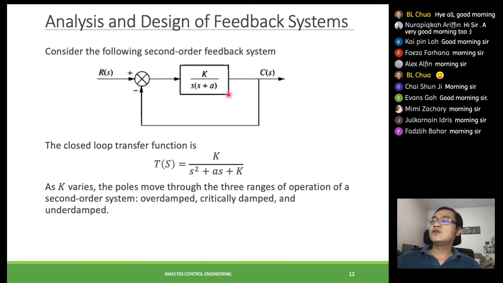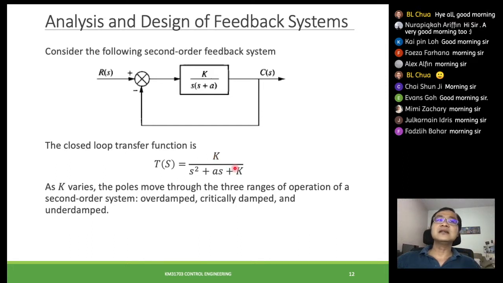is if we have this second order feedback system, which has K divided by s bracket s plus a. Basically when we multiply it, we will get s squared plus as, right? So we don't have the constant part. If this is the case, when we draw a feedback loop, then we will obtain this, exactly where we have added the K part.